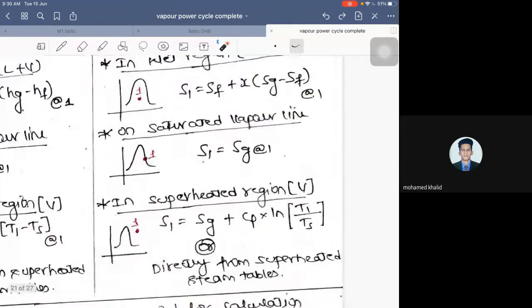If it is in a superheated state, it is Sg plus Cp times ln of T1 by Ts. So only this one formula will change. Or again, there is a second provision: you have separate tables for that, and you can pick the value directly from the superheated steam tables.